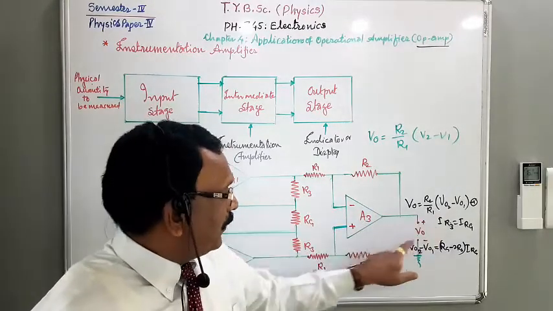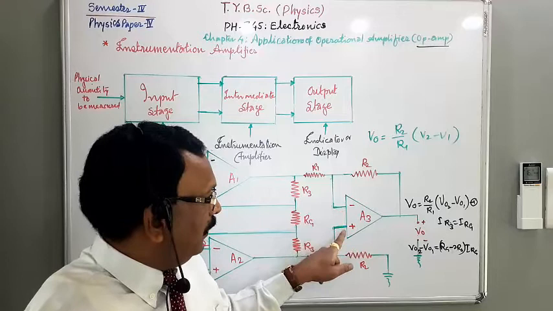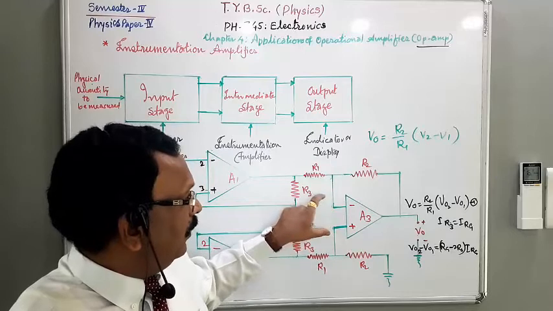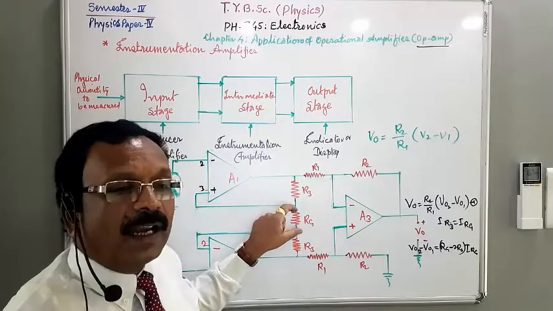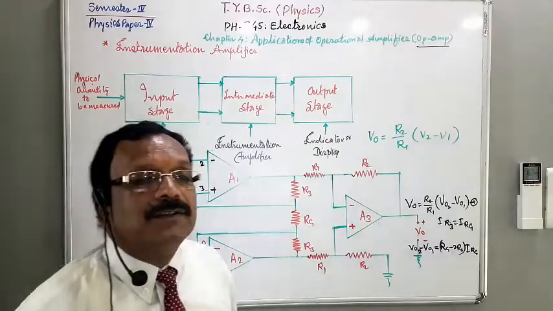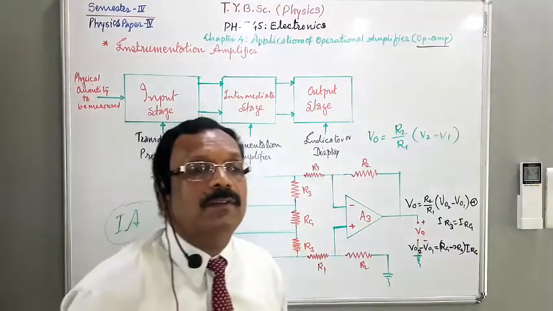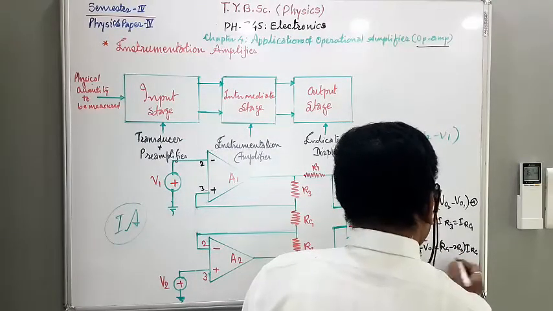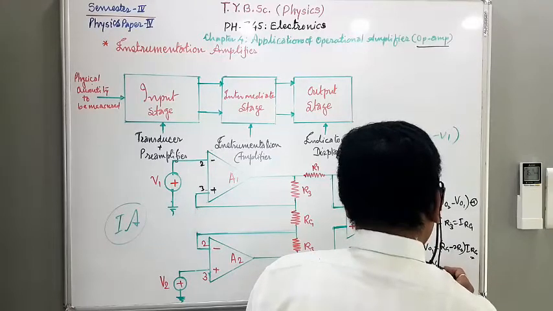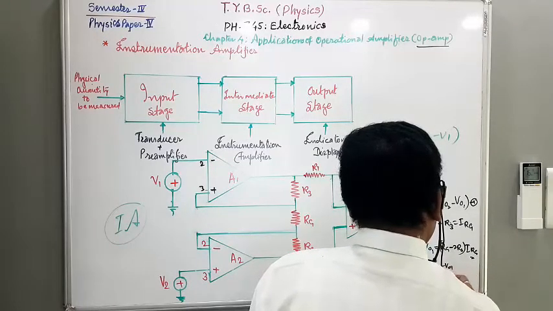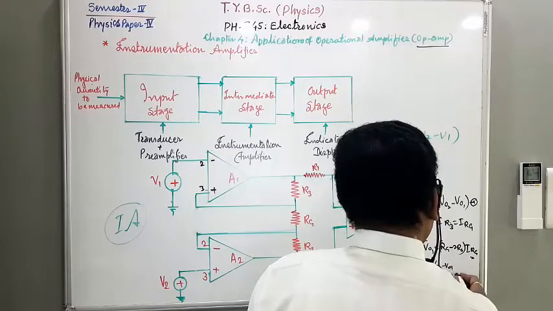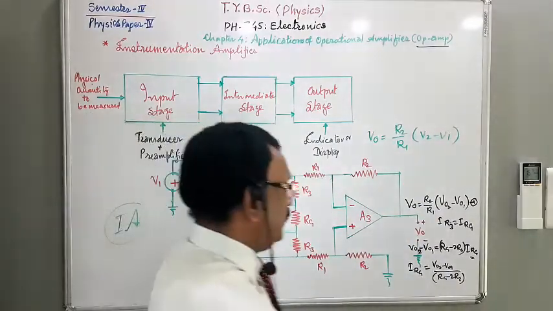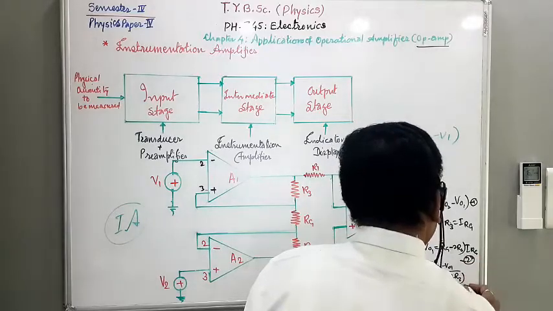VO1 is here and VO2 is here. So VO2 minus VO1 is equal to the current flowing through RG and 2R3. This equation gives us IRG equal to VO2 minus VO1 upon RG plus 2R3. Suppose this is equation 2 and this is equation 3.